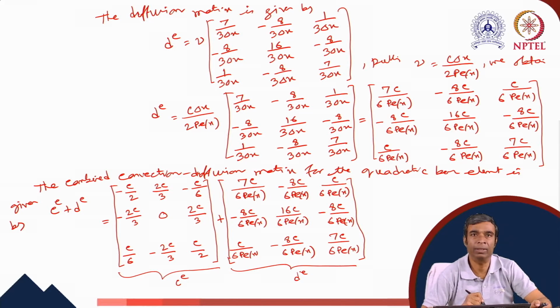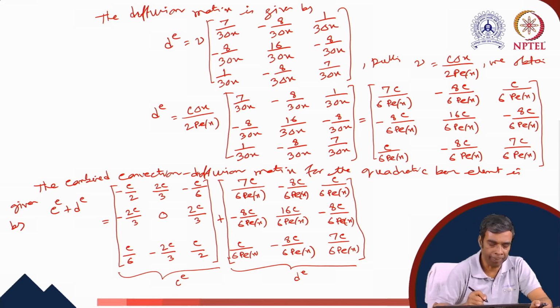We have already mentioned that the convection matrix is asymmetric, and this is leading to skew symmetry when we assemble the convection matrix, and diffusion matrix, this is a symmetric matrix. So overall, when we combine them, we get an asymmetric matrix.